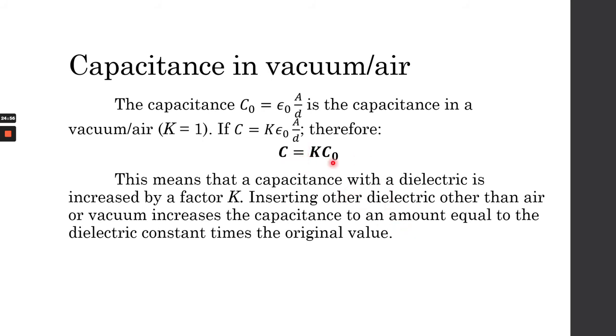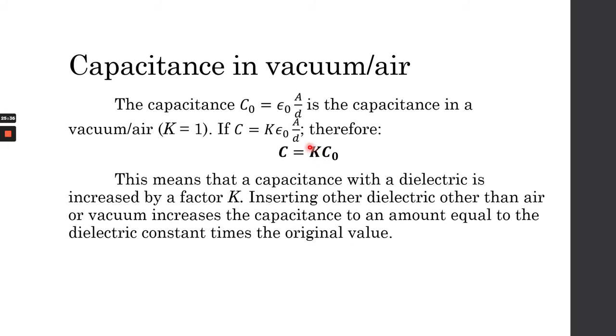So from here we can see that in order for us to increase the capacitance of a capacitor, we just need to add a dielectric in the middle, because C naught, the capacitance of a capacitor without a dielectric, is always lower compared to when it already has a dielectric added to it, because as I mentioned earlier, K can never be zero, can never be negative.